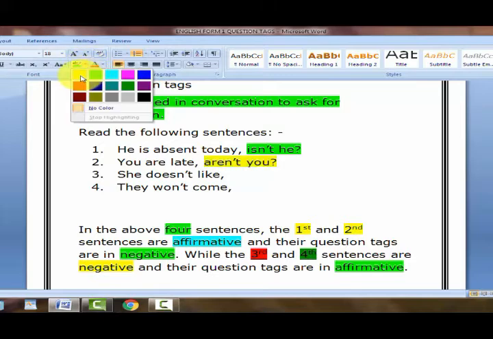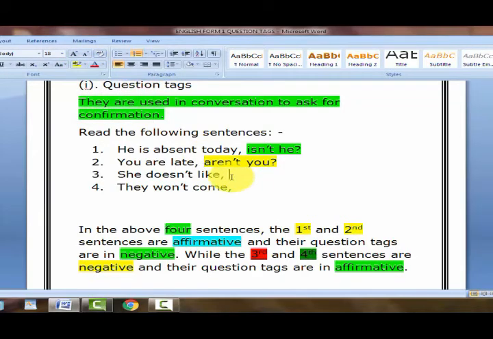Next we go to, she doesn't like. This is a negative statement. As we have learned, you can be told to change negative sentences into simple sentences, or change a simple sentence into the affirmative, the original form.